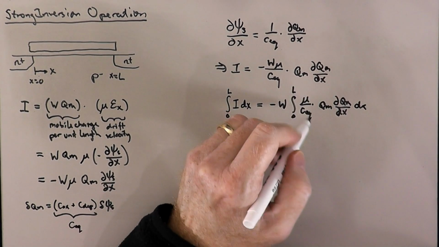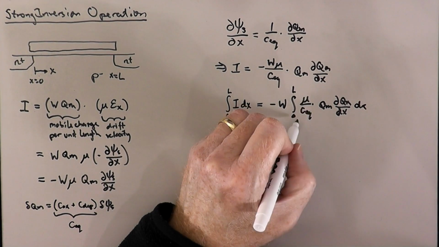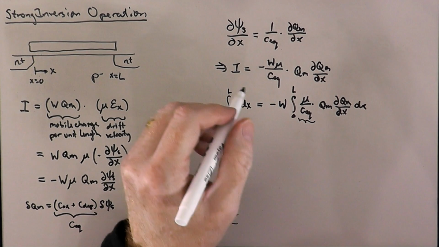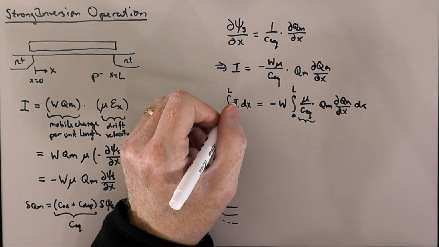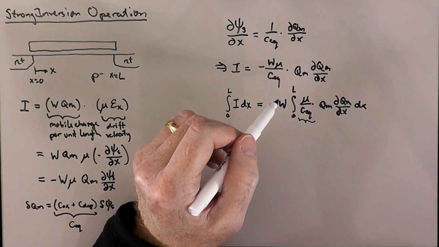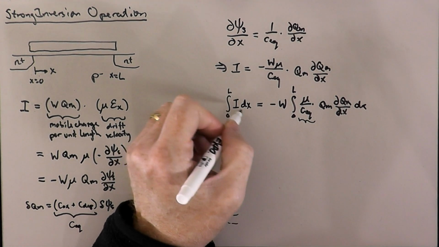So now we're going to move this outside of the integral and change variables on the right hand side, integrating over charge. The integral on the left hand side is simple enough.